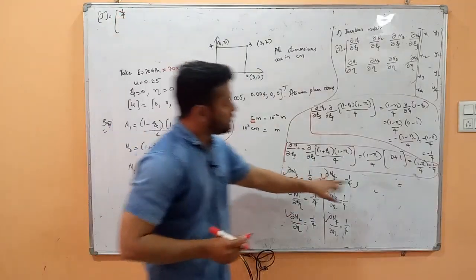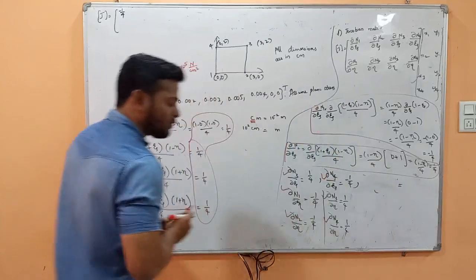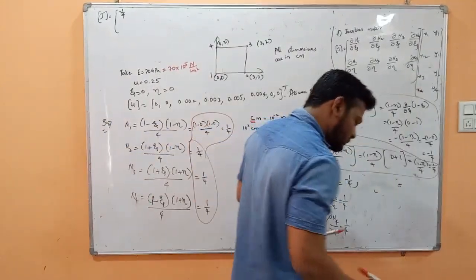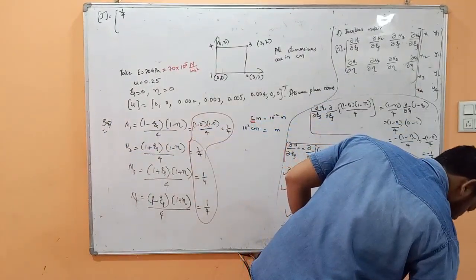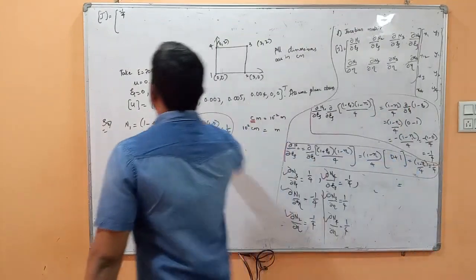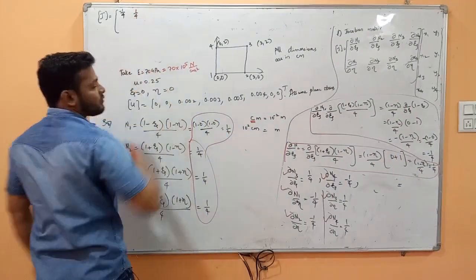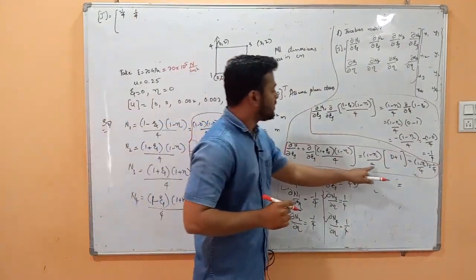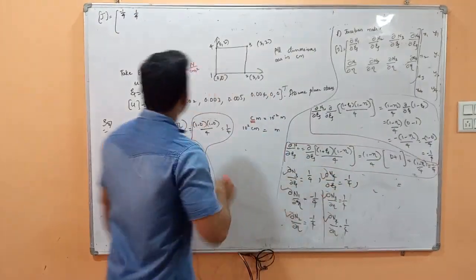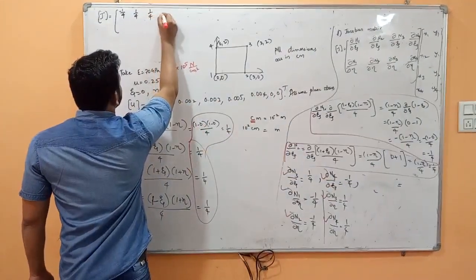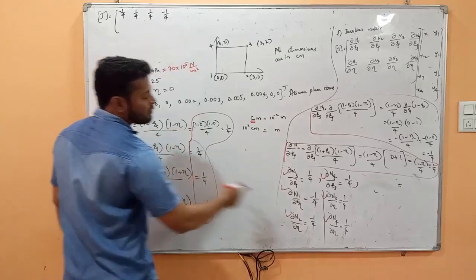The second one is 1 by 4. Yes, 1 by 4. Third one we got as 1 by 4. The last one we got as minus 1 by 4.